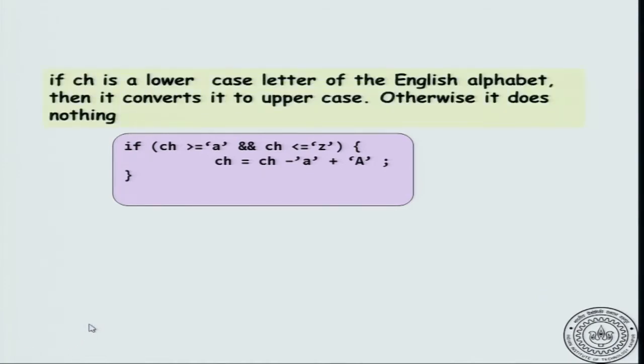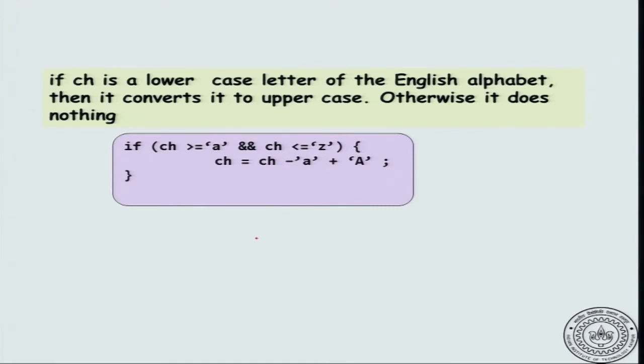So what it does is, the given character ch, if it is a lowercase letter, remember this is the example that we just saw, this condition checks whether the given character is a lowercase letter, a small letter between little a and little z. If it is true, then what you do is add capital A minus small a to the character. So what does it accomplish?